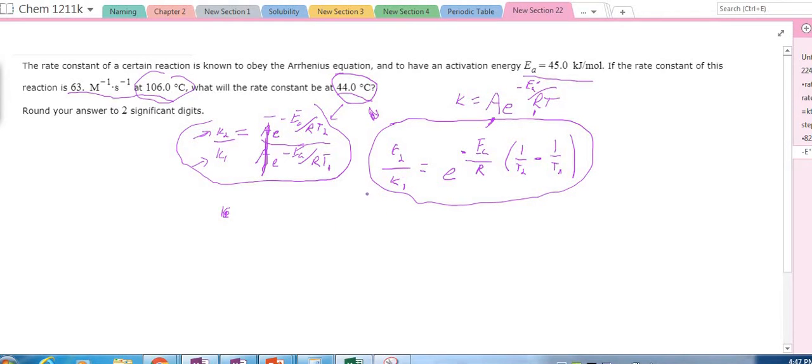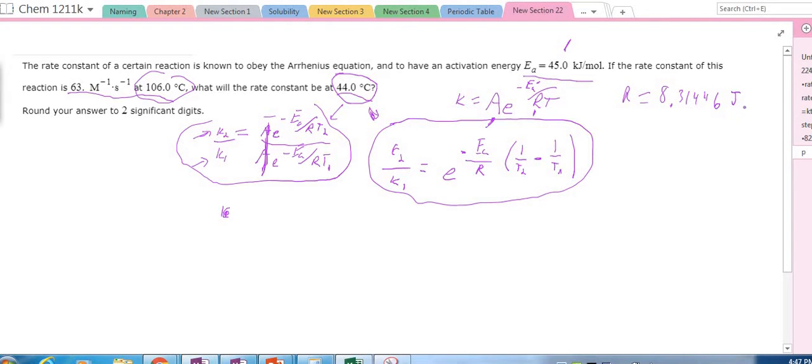Alright, so we know that our R value is given in units of Kelvin. R is a constant, so R is going to equal 8.31446 joules per mole per Kelvin, or joules mole minus 1 Kelvin minus 1. Notice how my activation energy is in kilojoules, so I want to get that into joules.